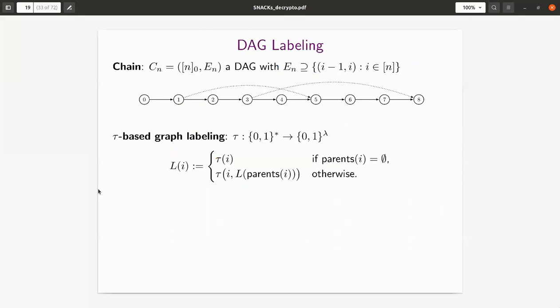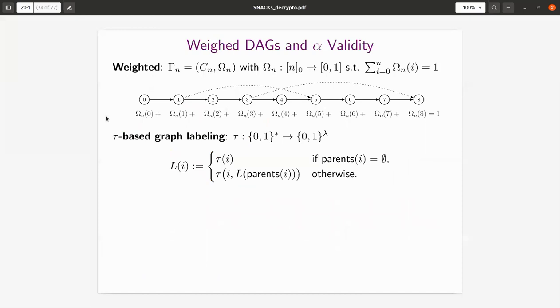The first generalization that we do is that instead of plain DAGs, we talk about weighted DAGs. Here I still have the picture for a chain, but you can think of it as any DAG, and then you augment it with a weight function, and you can see here the weight for each of the nodes. It takes values between 0 and 1, and they all sum to 1.